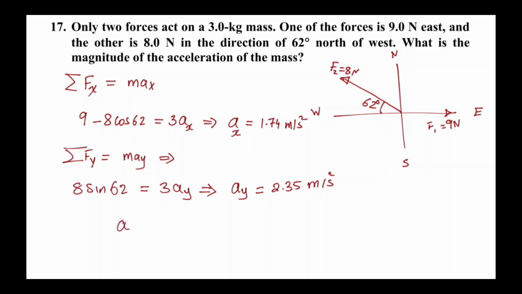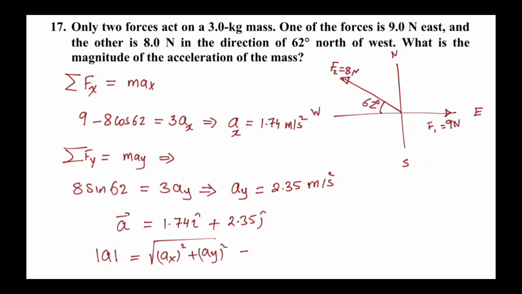So a as a vector equals 1.74i plus 2.35j, and the magnitude of a is equal to the square root of ax squared plus ay squared, in other words 2.92 meters per second squared.